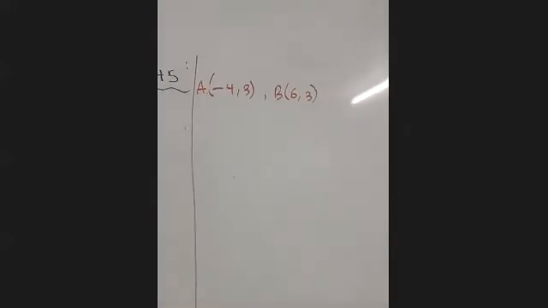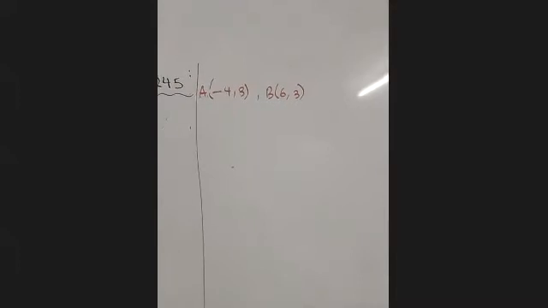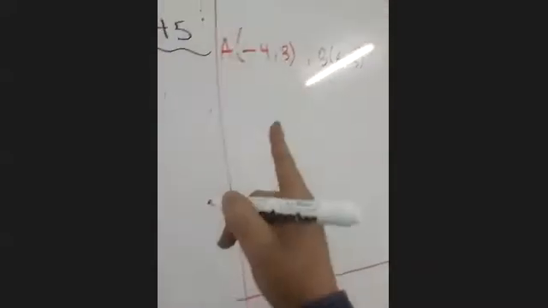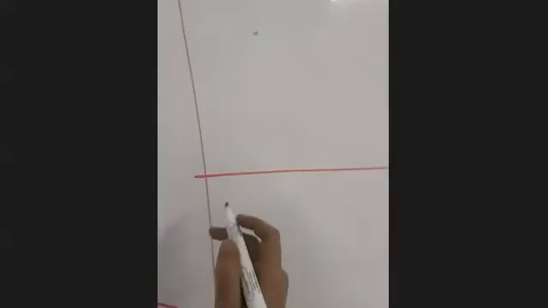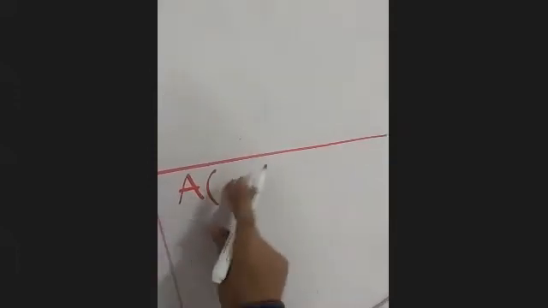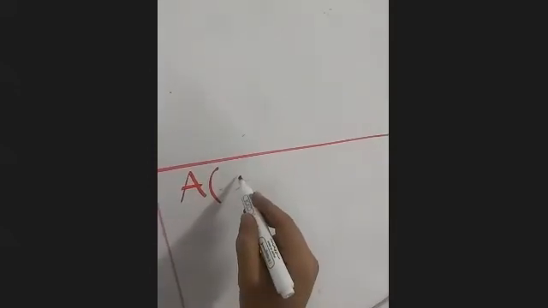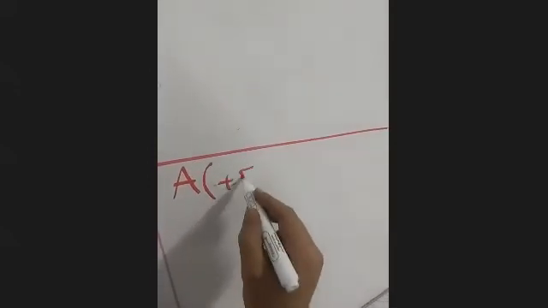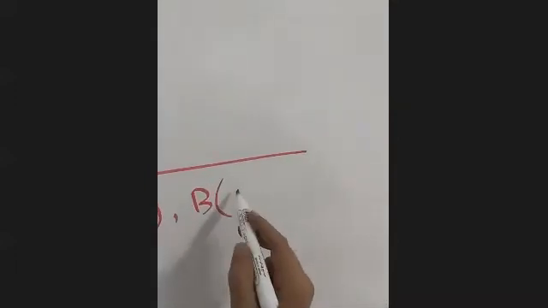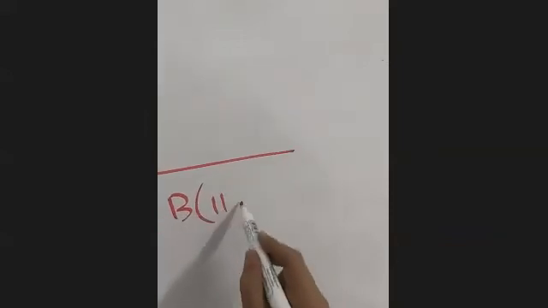Please pay attention here so you understand it. I'll do this example and I'll do another example for A (-4, 7)... let's say A (5, 7) and B (11, 7).